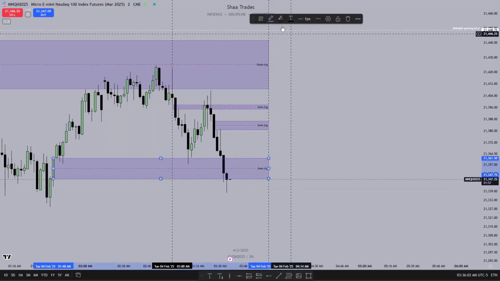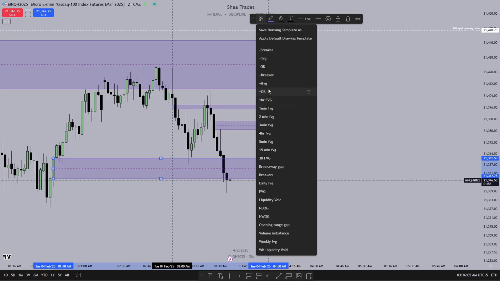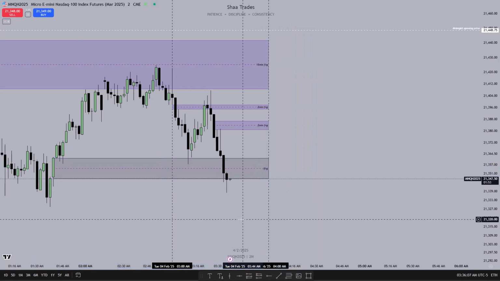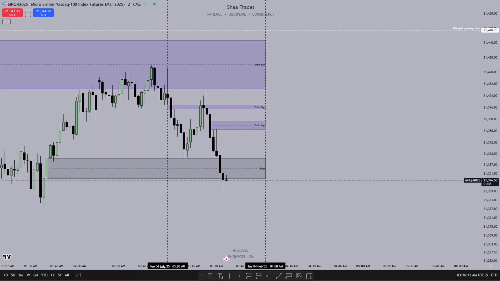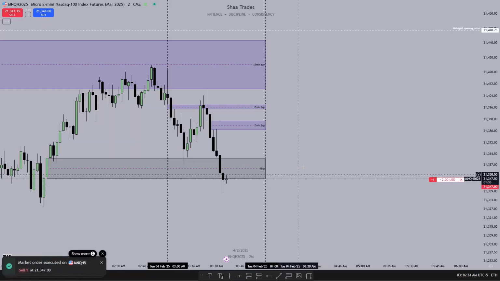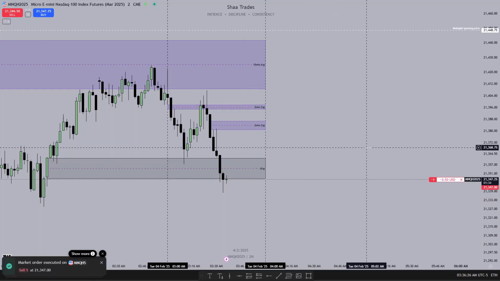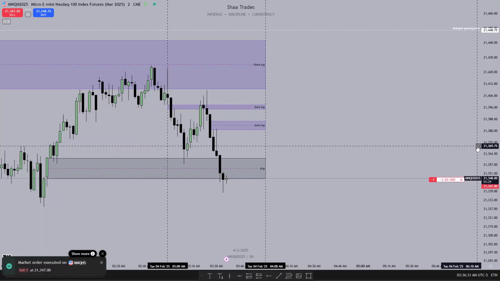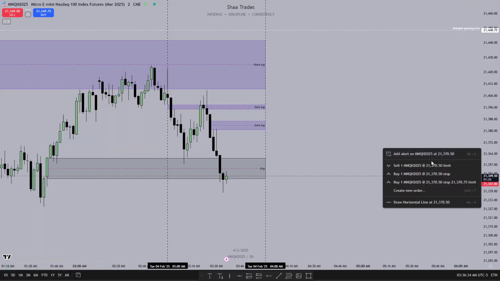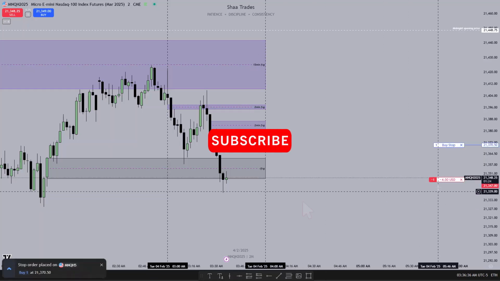Yeah, so it just closed about right there, so I'm gonna go in with one contract here. Wait for it to come a little bit more. Alright, I'm actually gonna take that. Stop loss is above these here. Put my stop there.